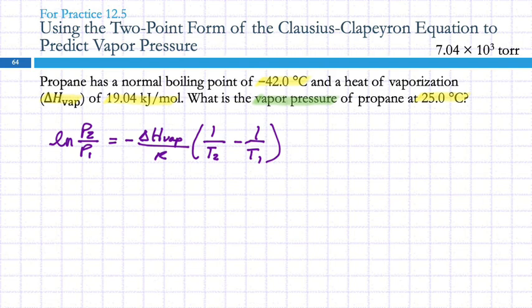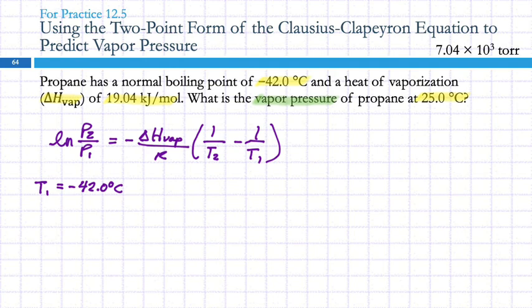So this is our delta H, right? They gave that to us. And we've got 2 temperatures here. Let's call the first one temperature 1. So temperature 1 is negative 42 degrees Celsius, but we have to use Kelvin, right?